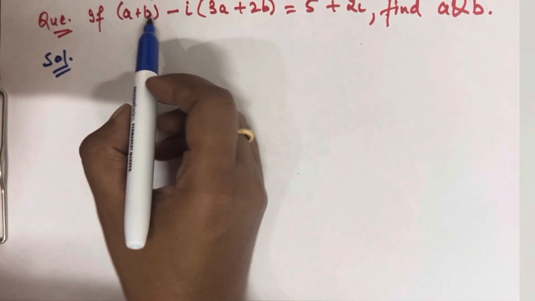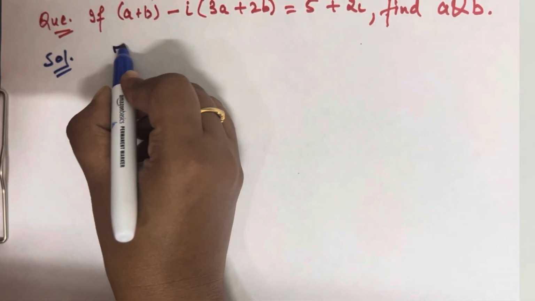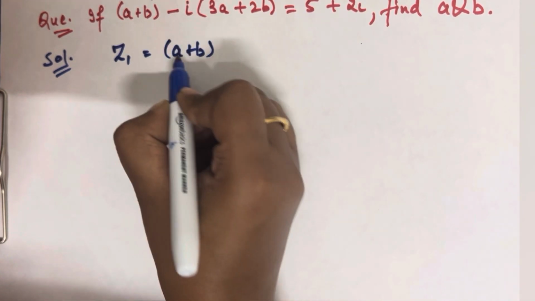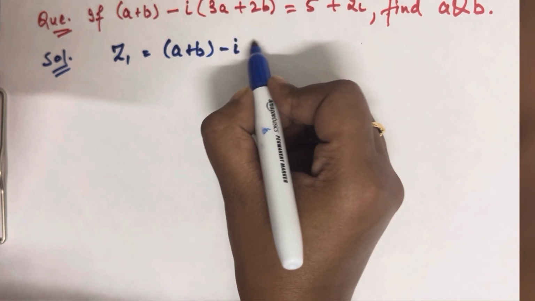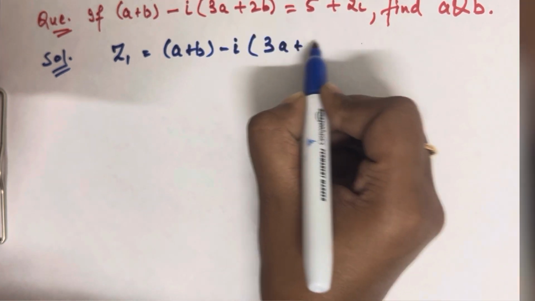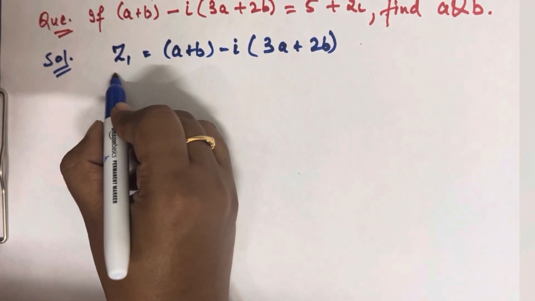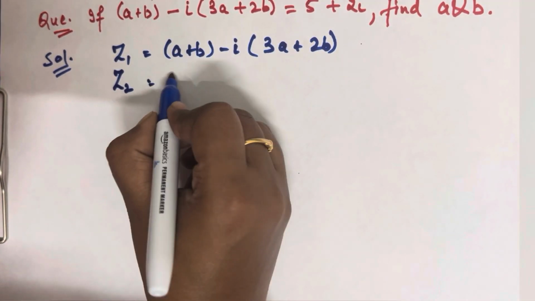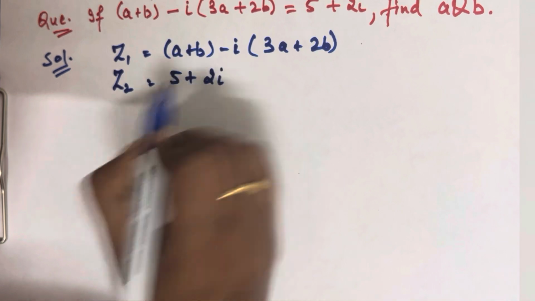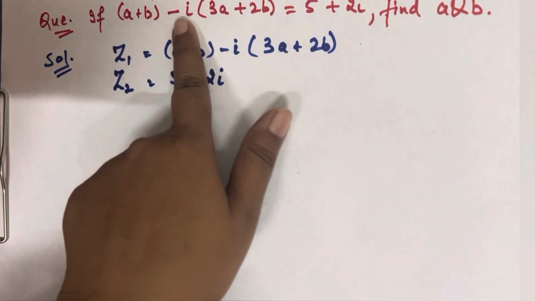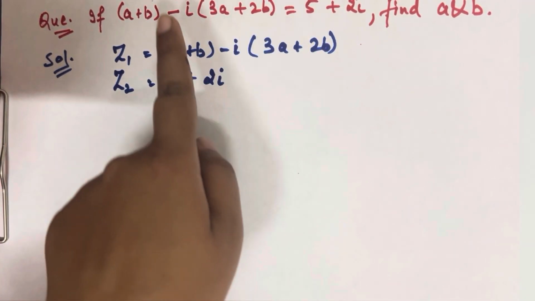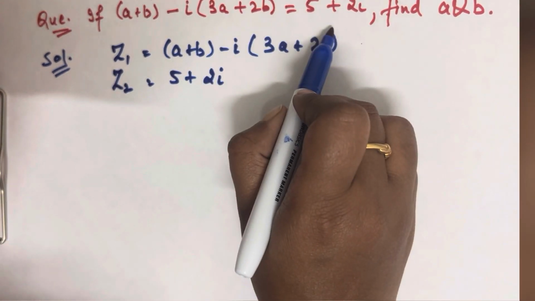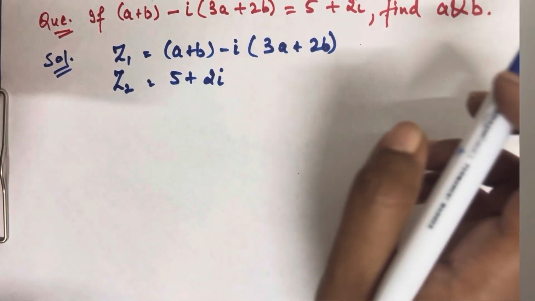Here, suppose this part is z1, one complex number, equal to a plus b minus iota (3a plus 2b), right? And z2 is another complex number, that is this part, 5 plus 2 iota. Now we are equating these two, that means we are saying z1 equals z2.